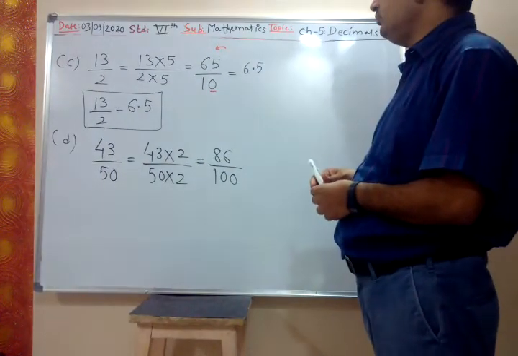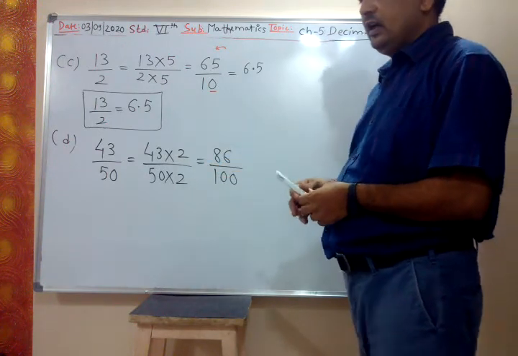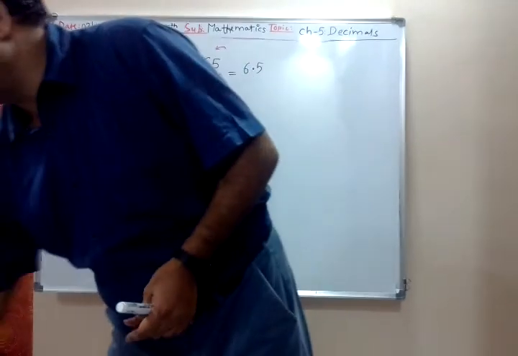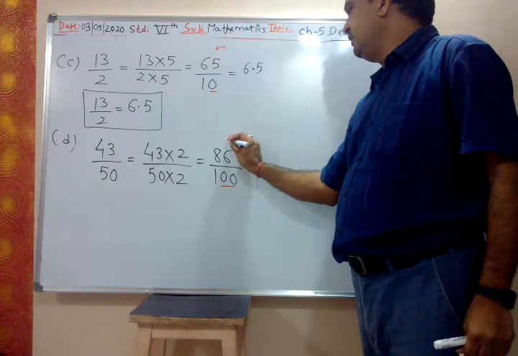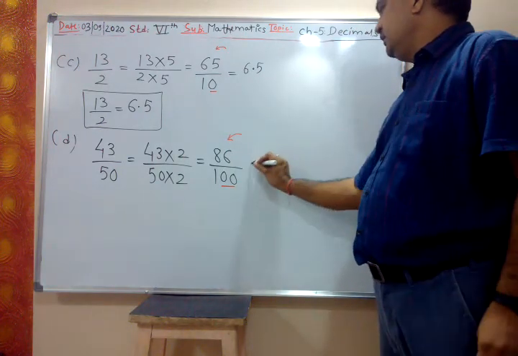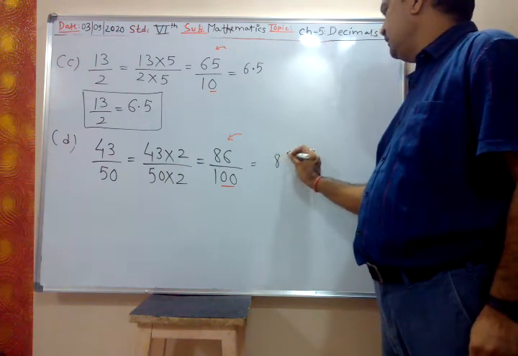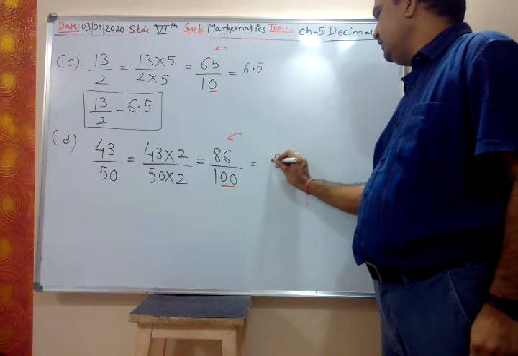Now 86 upon 100. How many zeros are there in the denominator? 2 zeros. So we start from the right and put the decimal after 2 digits. 86: we start from the right, 1, 2, 2 digits. So we put the point. So that is 0.86.